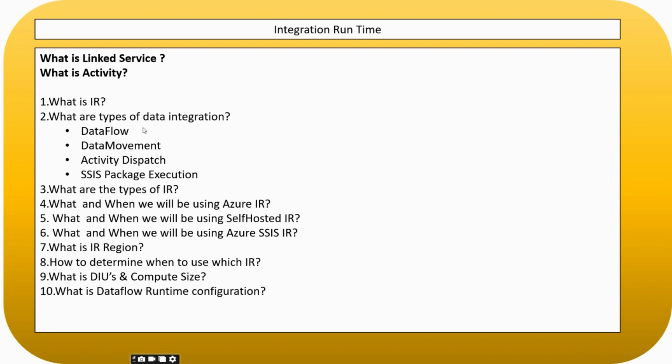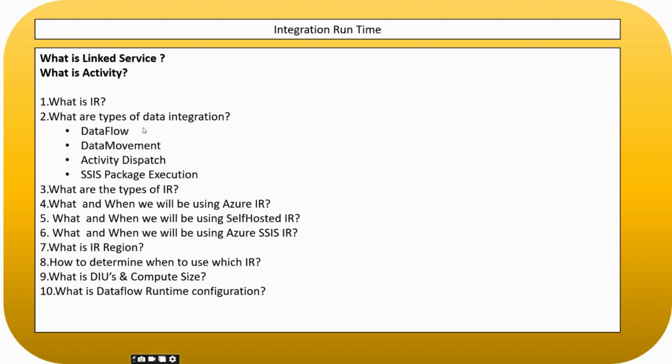And I also mentioned the auto-resolve integration runtime. The beauty of auto-resolve integration runtime is that it automatically picks the closest region to where your destination workload is happening. Suppose my destination store is in the West US region.